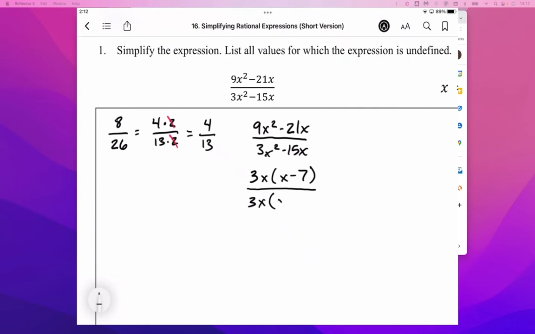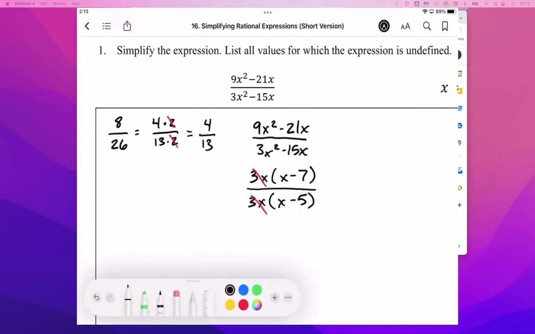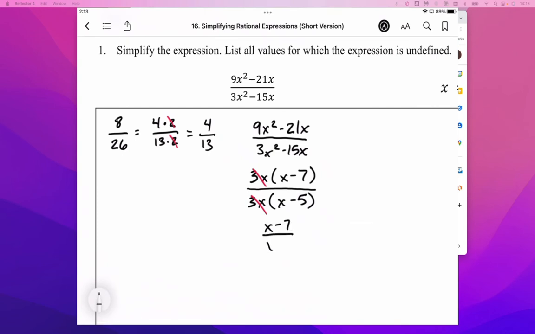And if I factored that out, I would be left with x minus 5. And then we can say, just like we could on the fraction on the left, where it had a 2 in the numerator and denominator being multiplied by something, we can say, look, the 3x and the 3x would divide out. They would cancel out. And all that would be left is x minus 7 over x minus 5.